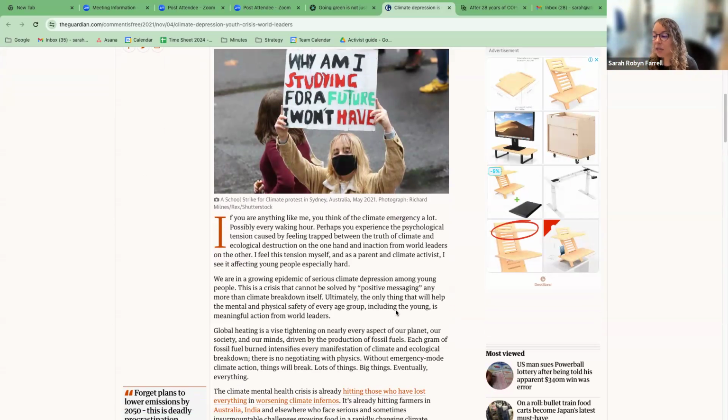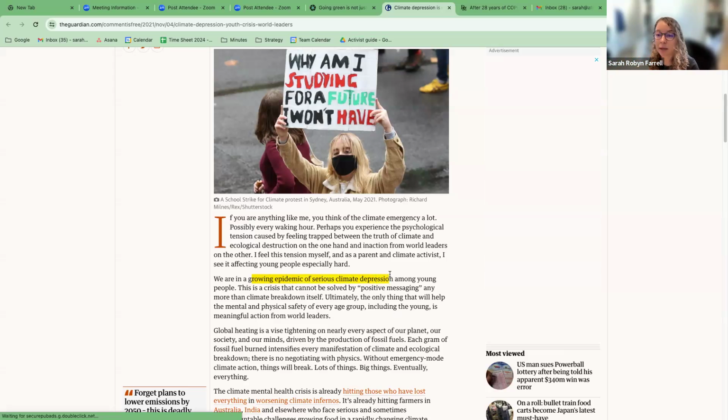But again, be very careful that you're always linking it to fact and not getting too caught up in emotions and thoughts. So you'll see he starts with the fact that climate issues affect him and his psyche, his mind, and that's made him think about what he calls a growing epidemic of climate depression among young people.